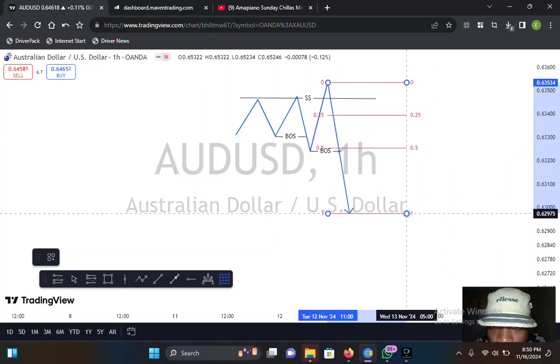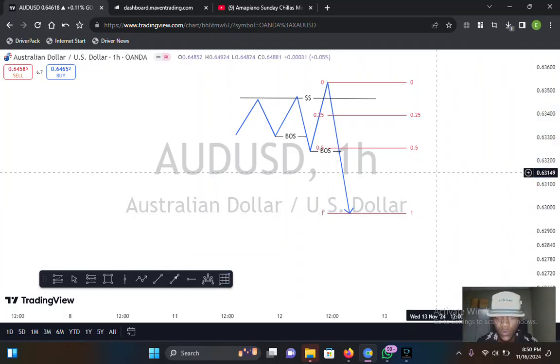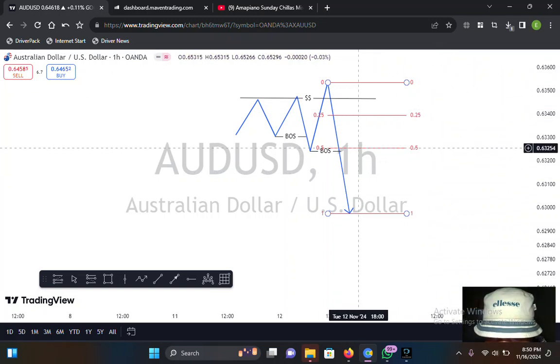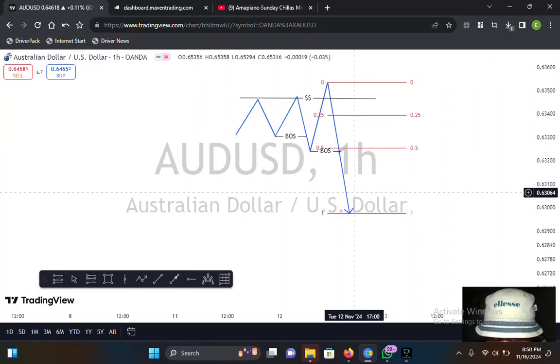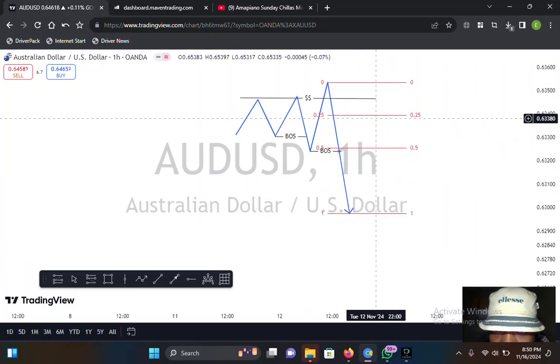I will just measure the movement that was made before. So I see this here, the 0.5, is the 50% zone. This zone is called the premium. This one is called the discount.